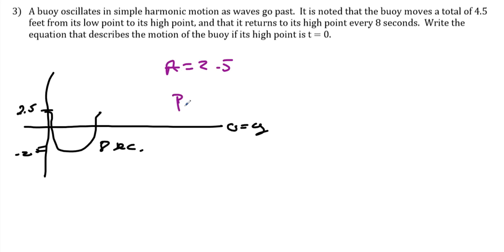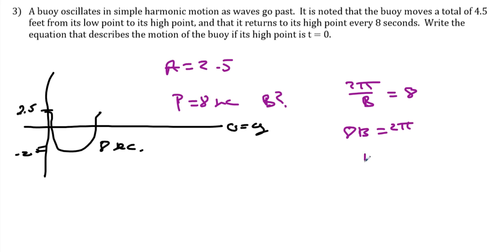Our period is interesting. So our period is 4.5. No, wait a second, we're in seconds. 8 seconds. But our B is what's interesting. 2 pi over B is equal to 8. Multiply by B on both sides, you get 8b is equal to 2 pi.